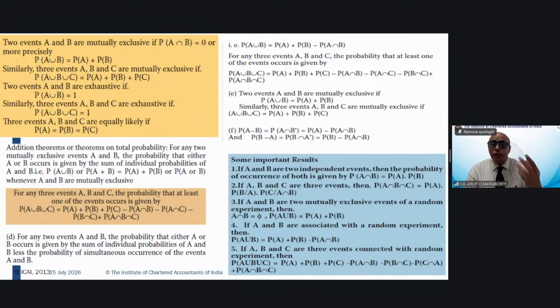If 3 events are equally likely, please remember this slide is given as a recap, then it means probability of A equals probability of B. It is equal to probability of C.